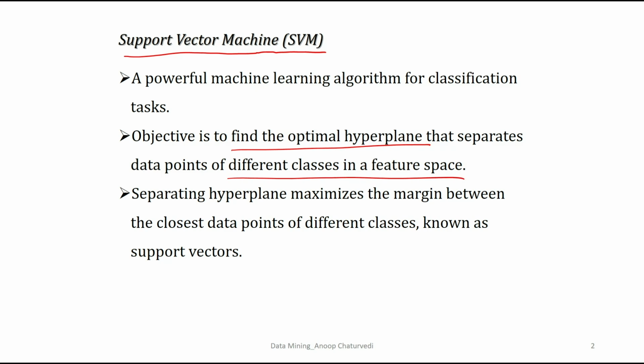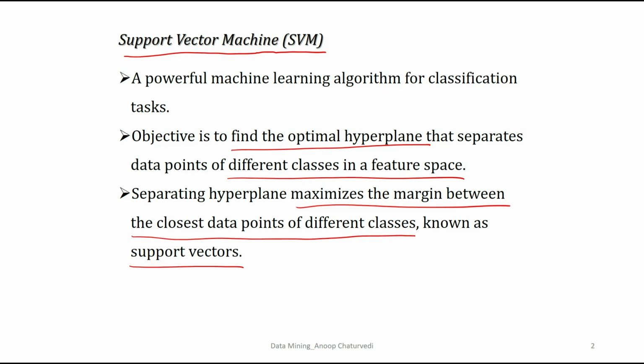This separating hyperplane maximizes the margin between the closest data points of different classes. These closest data points are called the support vectors.